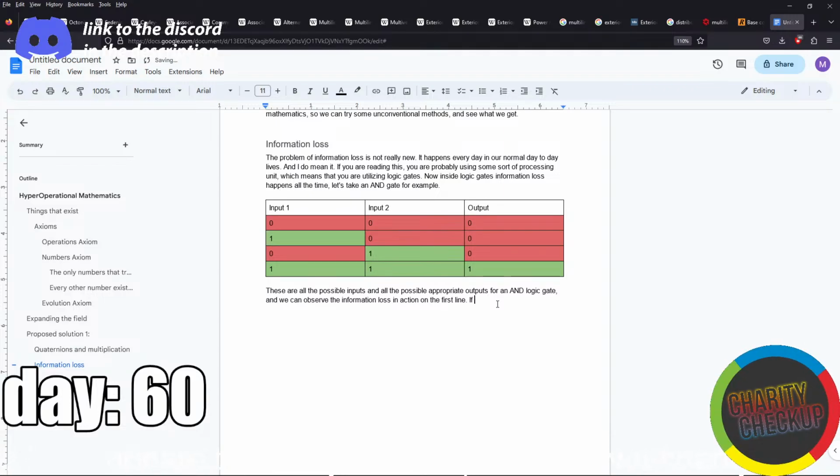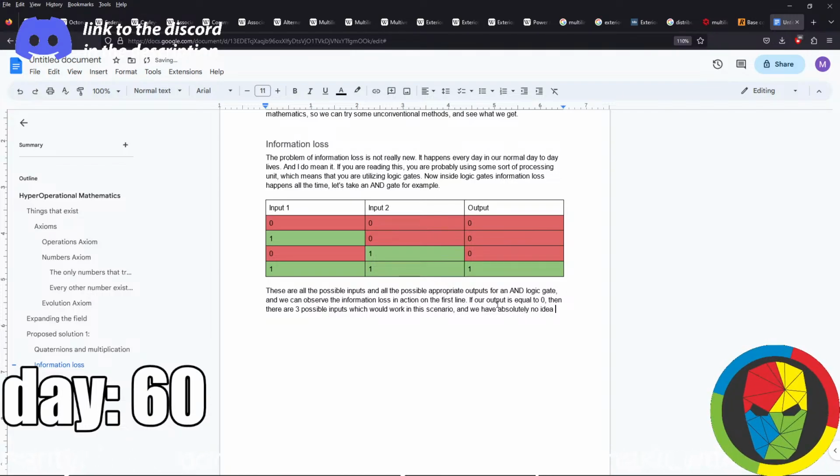If our output is equal to 0, then there are 3 possible inputs which would work in this scenario, and we have absolutely no idea which one it actually is.